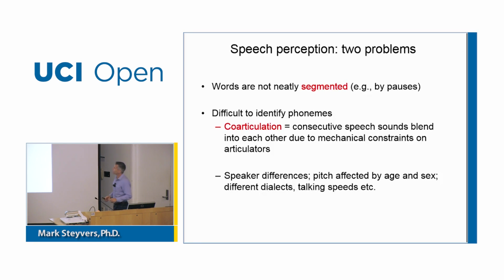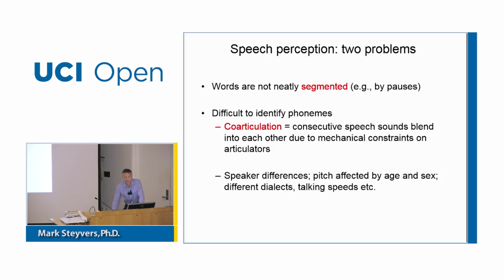So here's a visualization of co-articulation using a spectrogram. If we have the two phonemes d and u as in dumb, then there is some pattern of frequencies associated with d.